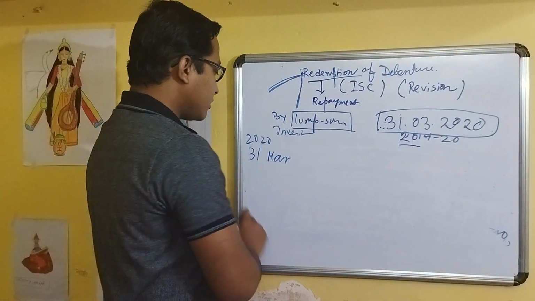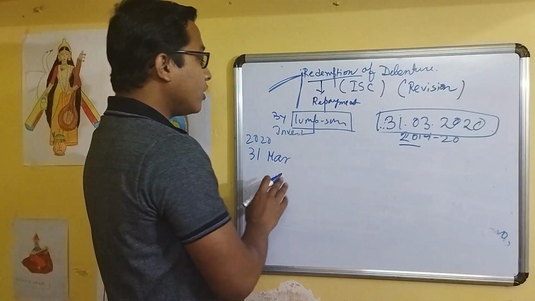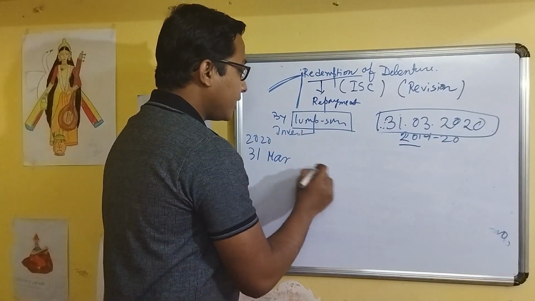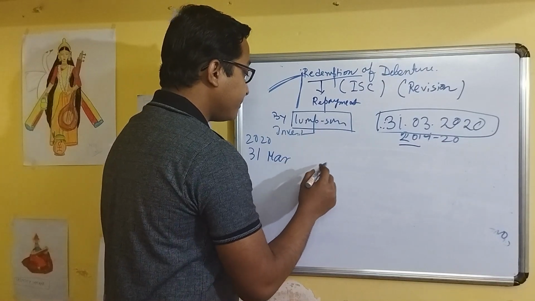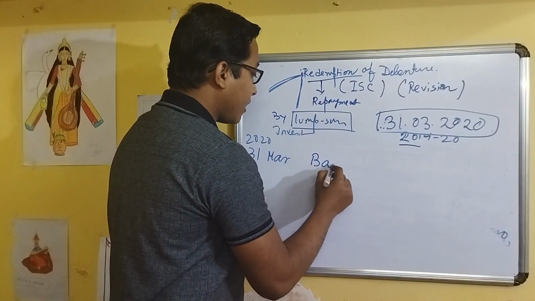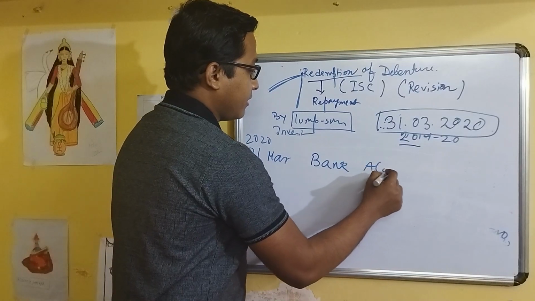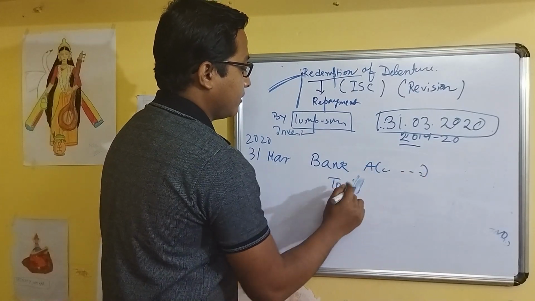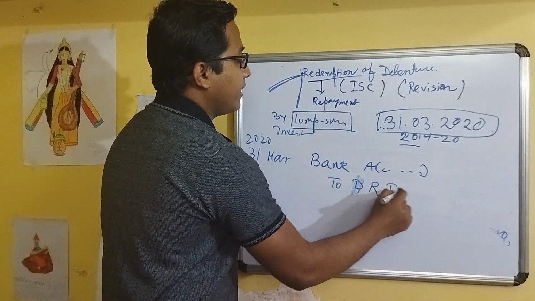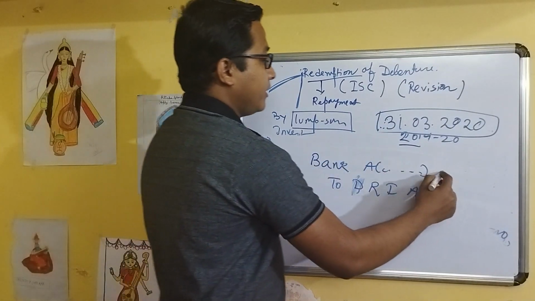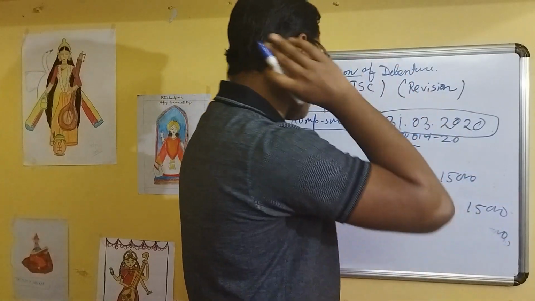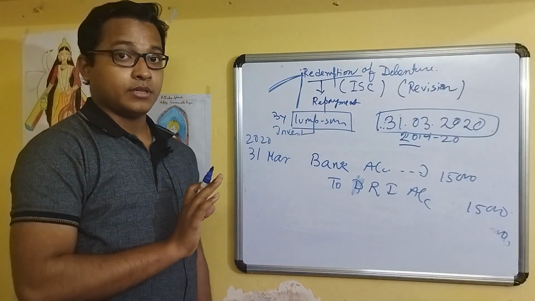So on 31st March, the journal entry for selling or maturing the debenture redemption investment will be: Bank account debit to DRI account, 15,000 and 15,000. It is the simple thing.